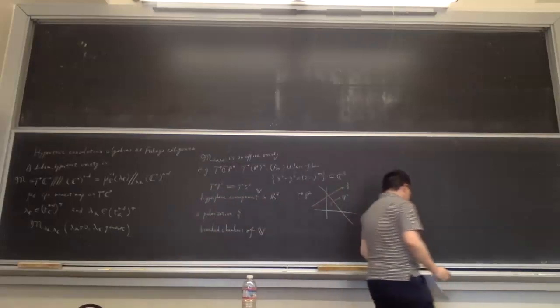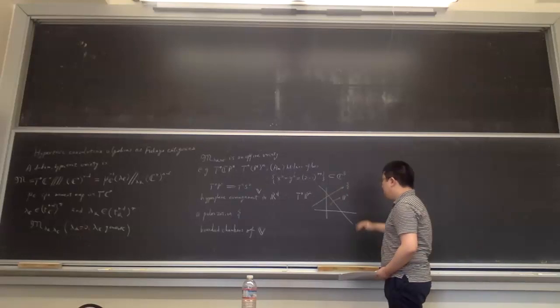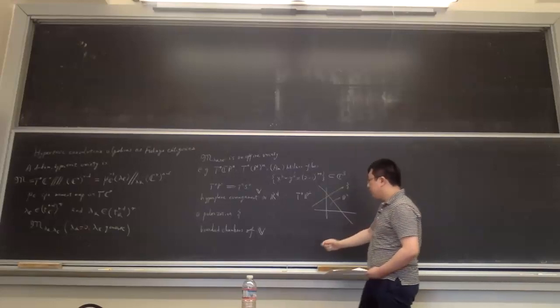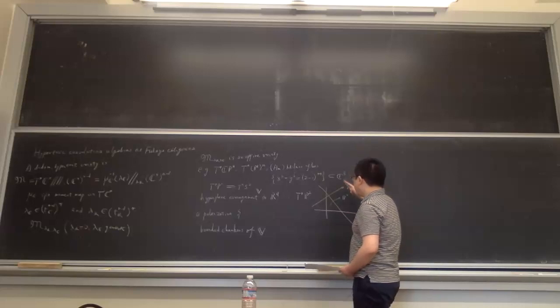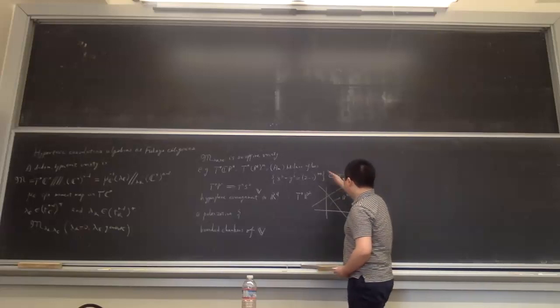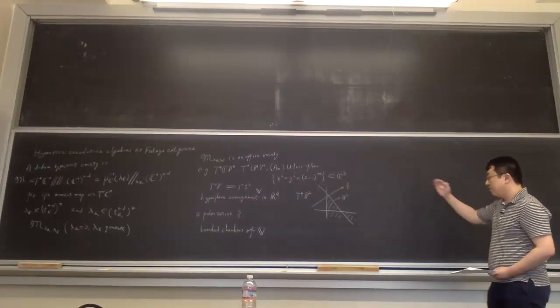The definition of bounded chambers means that if you move this additional hyperplane to a certain position, then it will be disjoint from certain chambers inside this hyperplane arrangement. For example, in this picture, if I move this hyperplane in this direction to infinity, it's going to be disjoint from this chamber and this chamber. So these three chambers are bounded chambers in this picture.